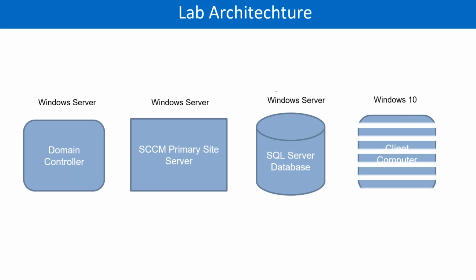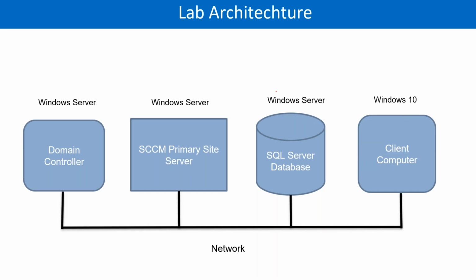So lab architecture, this is the kind of lab architecture we will build either in Azure or locally. We will have 3 servers: domain controller, SCCM server, and SQL database server, 3 separate servers, and we will have one client computer, Windows 10.